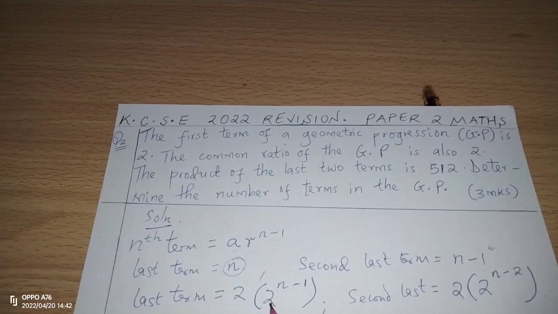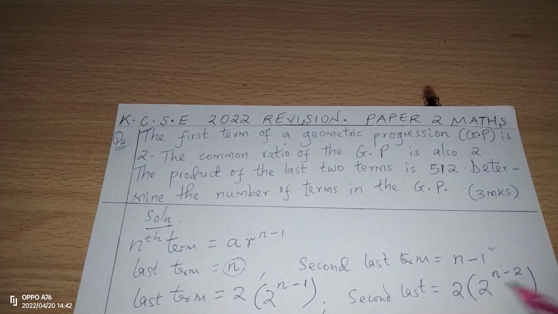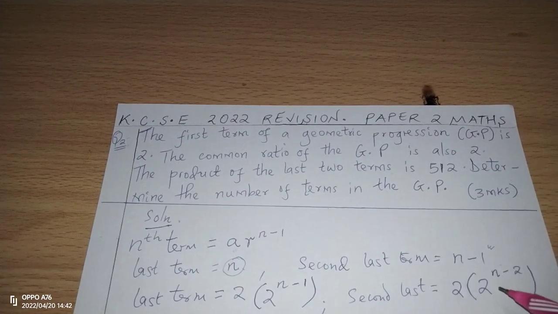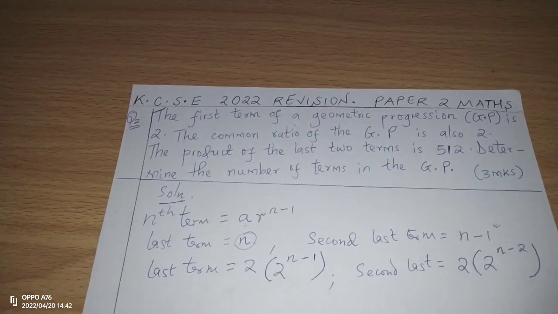Whereas the last term is 2 raised to n minus 1, the second last is going to be 2 raised to n minus 2. So you should take note of that difference.